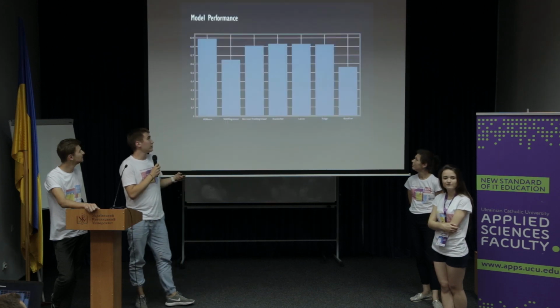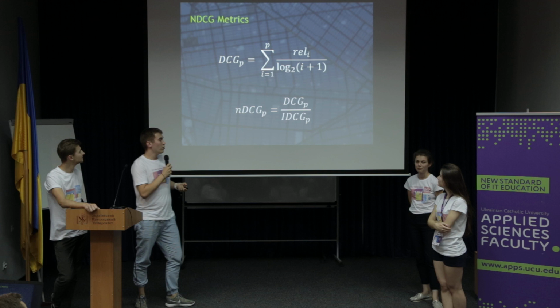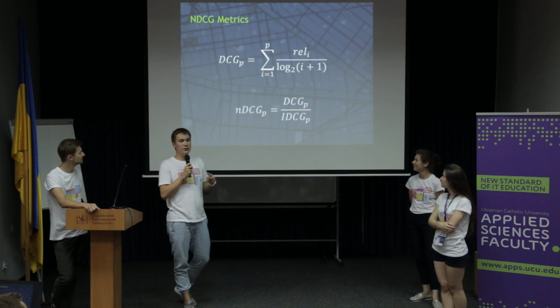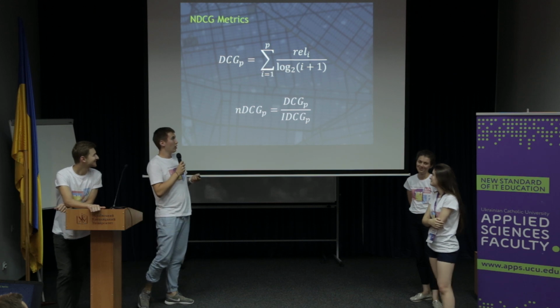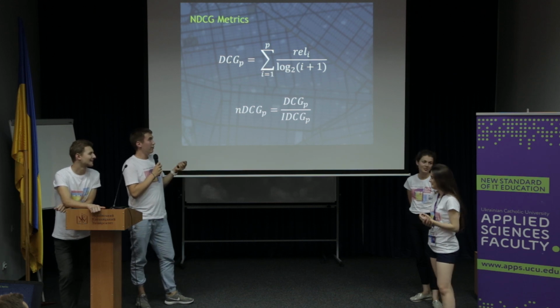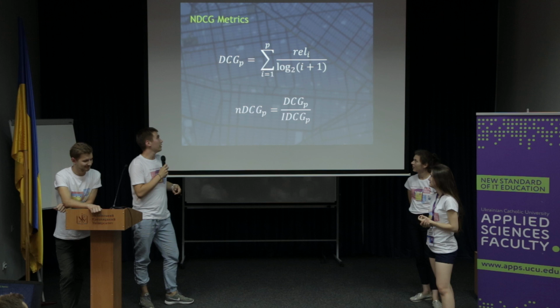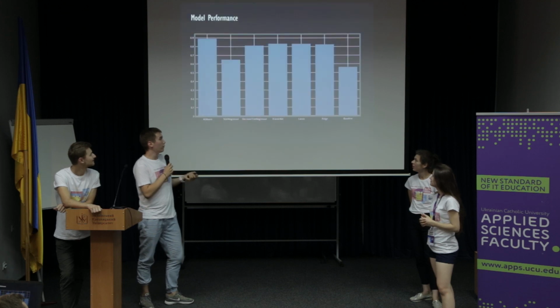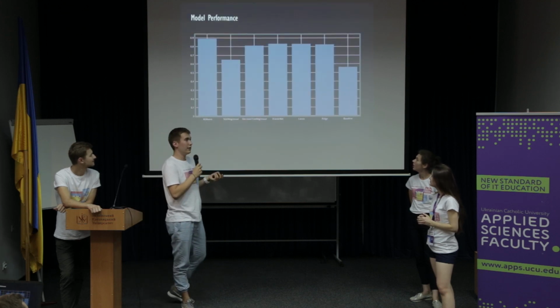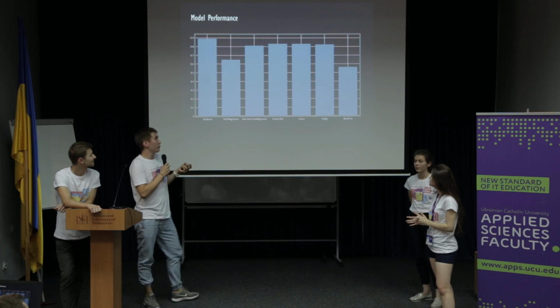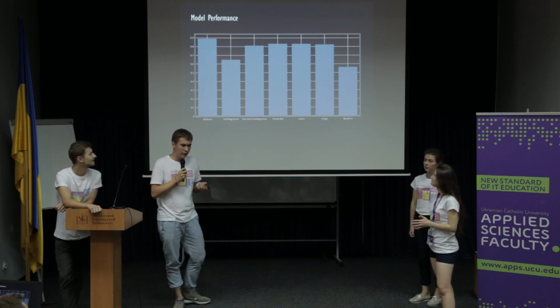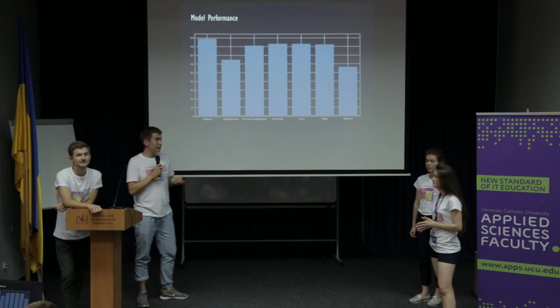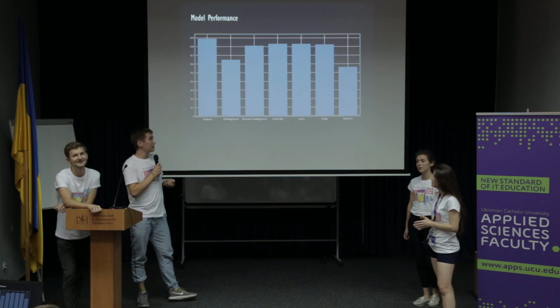Our metric was NDCG, which is a ranking metric, because in fact we are solving a ranking problem. We trained our model based on this metric, and that is how our models performed. It was not a surprise that the best performance was shown by XGBoost, which is not so dependent on correlation, as it uses decision trees.